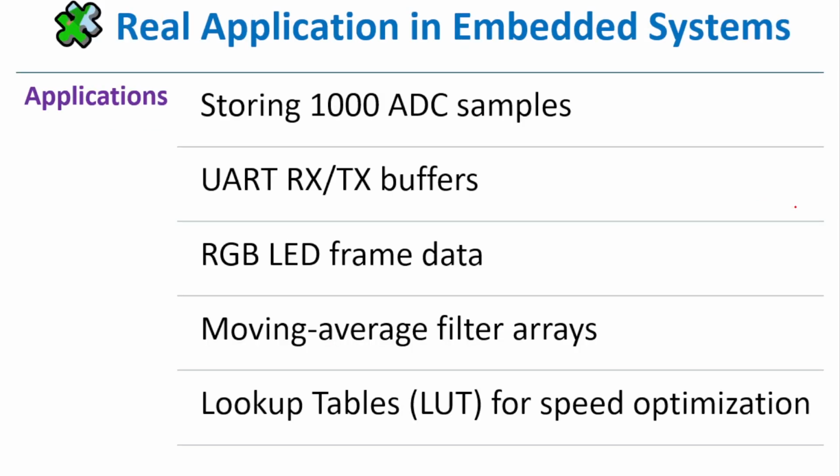Real applications in embedded systems. In practical C programming, arrays play a critical role in organizing and processing data efficiently. We use them to store large sets of values, such as capturing 100 or 1,000 ADC samples during signal processing, or handling communication data through UART RX and TX buffers.